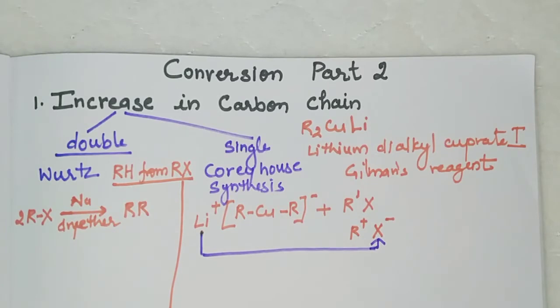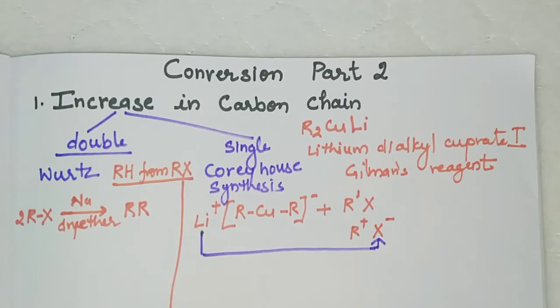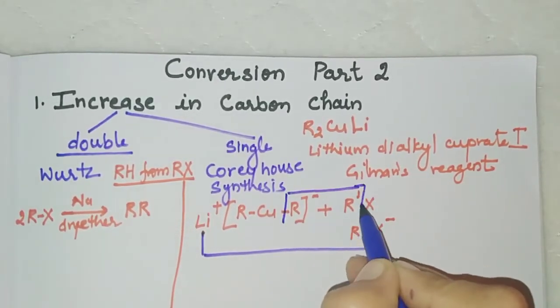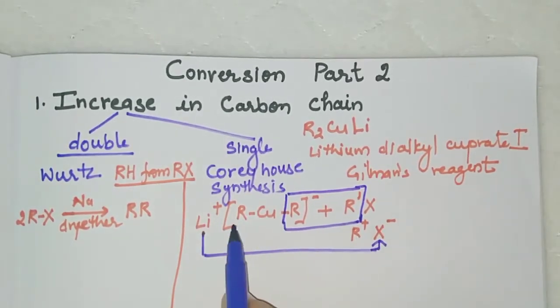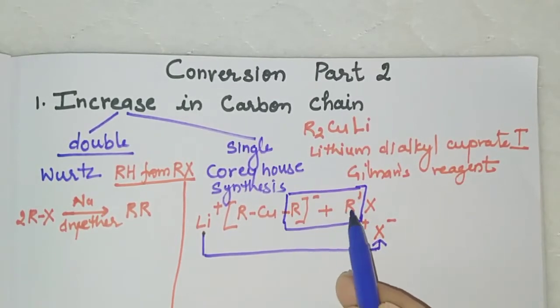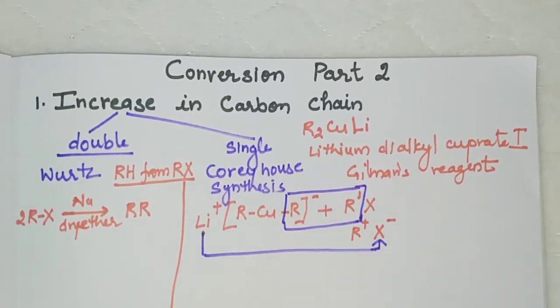Next, what is going to happen? This R and this R dash, they both will combine, and what you will be getting is RCu, and this is our alkane. Now this synthesis is the best method of joining any two alkyl radicals.